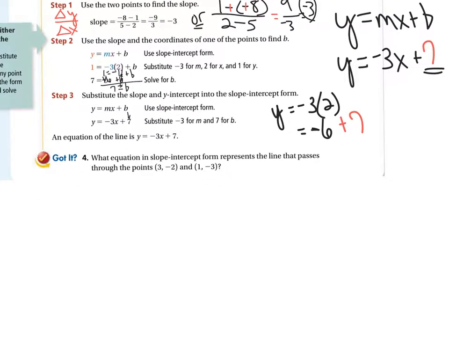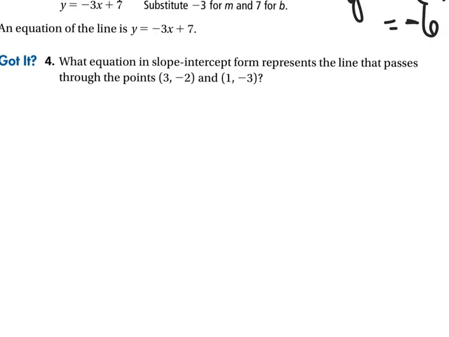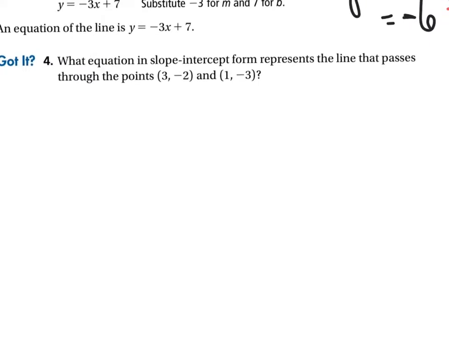So if you look at the guide at 4, what equation in slope-intercept form represents the line that passes through the points 3, negative 2, and 1, negative 3? Another thing on these, if you find it helpful, you could actually graph the points.